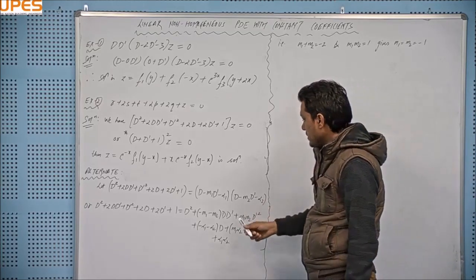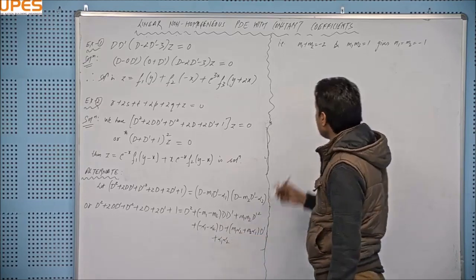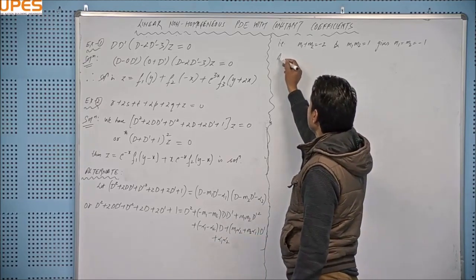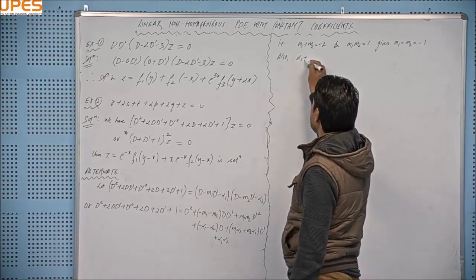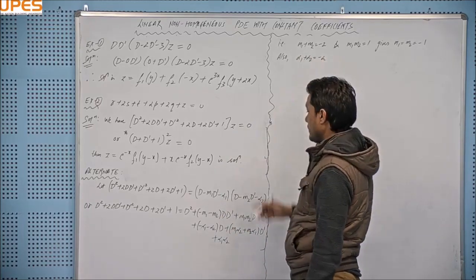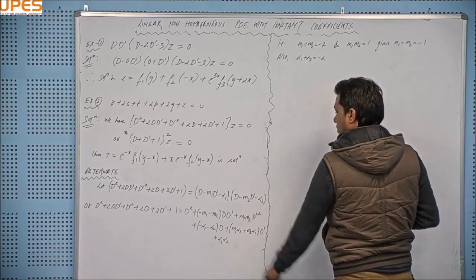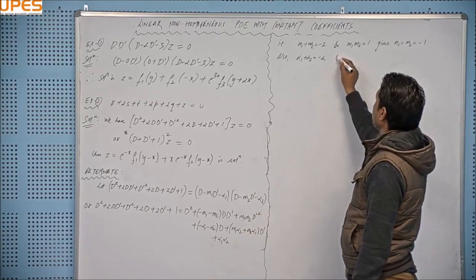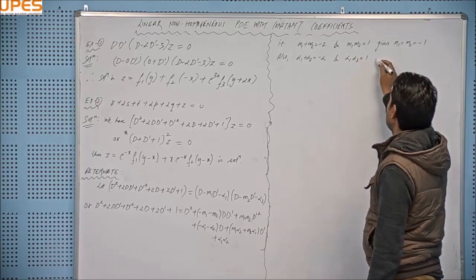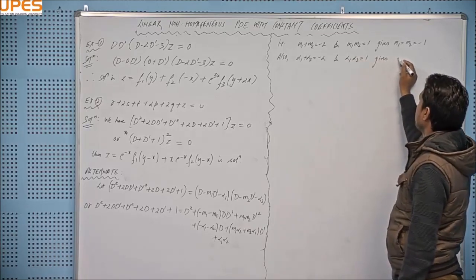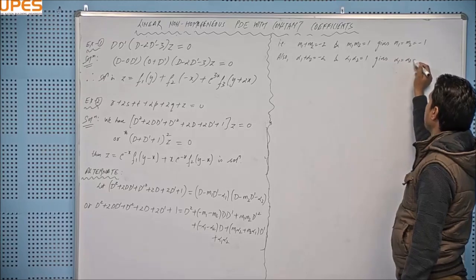And now on comparing the coefficients of d, alpha 1 plus alpha 2 equal to minus 2, right? And comparing the constant, alpha 1 alpha 2 is equal to 1. This will also give alpha 1 equal to alpha 2 equal to minus 1.